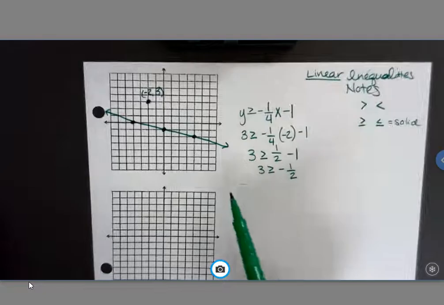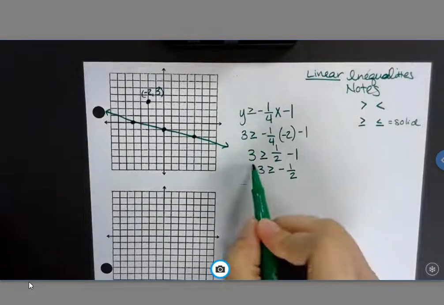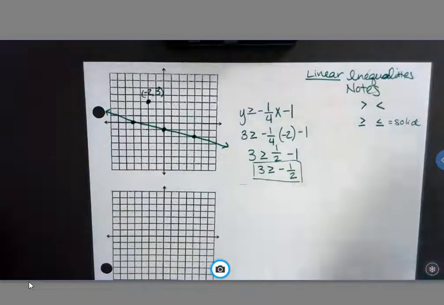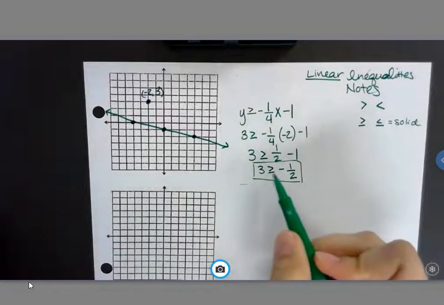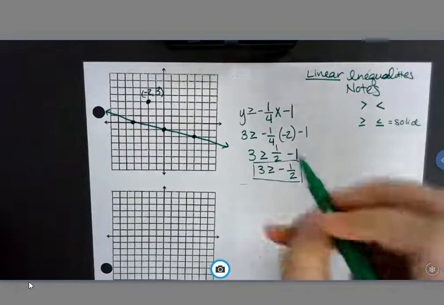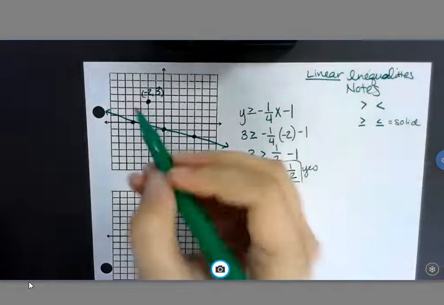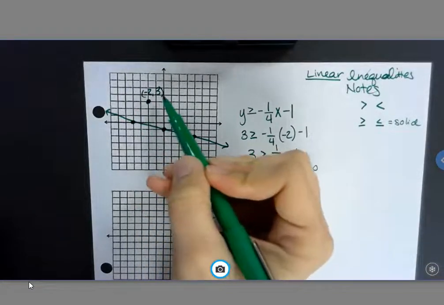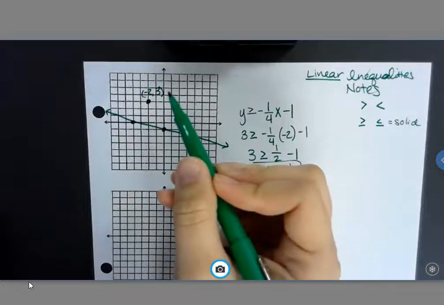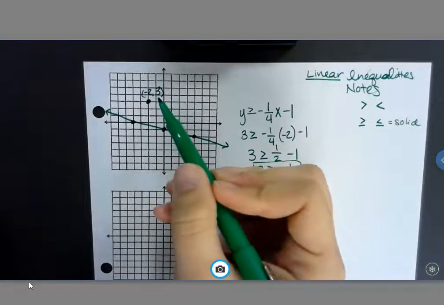So right now, I need to decide whether or not this is true or not. Is 3 greater than or equal to negative 1/2? Yes, it is, right? So that means that negative 2, 3 is a possible solution, okay?